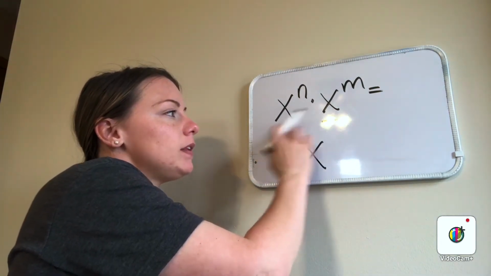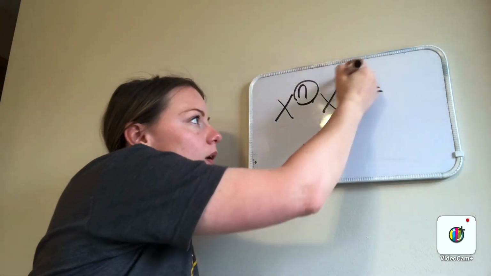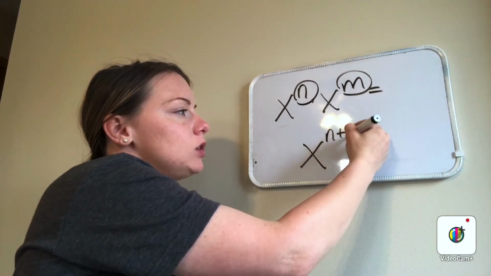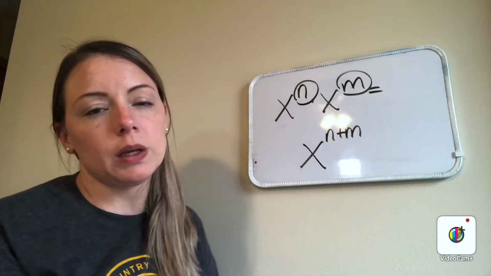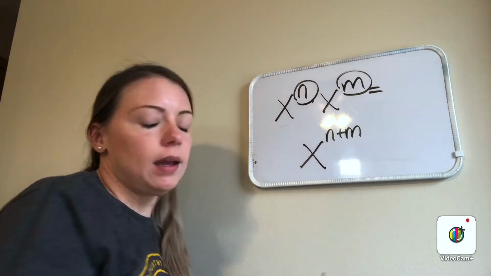If it's not the same, this rule doesn't work. Then you add the exponents. In this case, because you don't know what n and m are, you would just put n plus m. So we kept the base the same and we add the exponents.